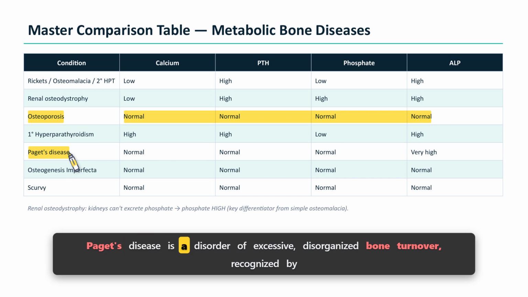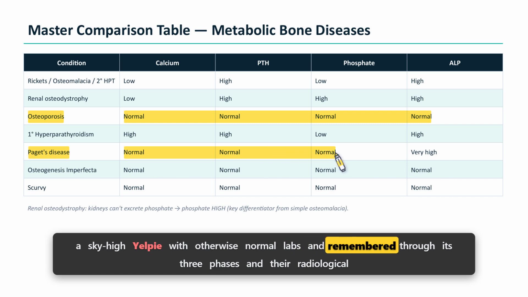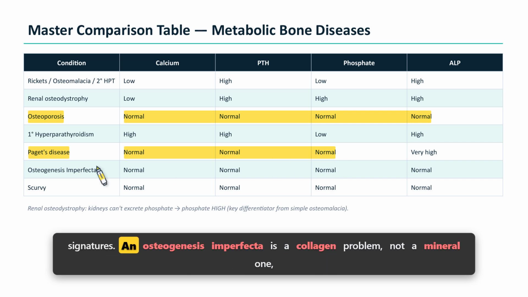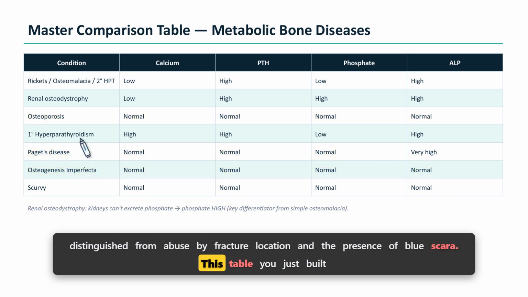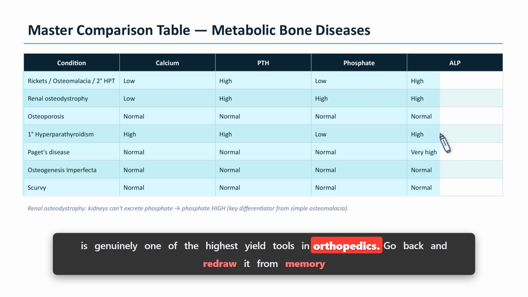Paget's disease is a disorder of excessive, disorganized bone turnover, recognized by a sky-high ALP with otherwise normal labs, and remembered through its 3 phases and their radiological signatures. And osteogenesis imperfecta is a collagen problem, not a mineral one, distinguished from abuse by fracture location and the presence of blue sclera. This table you just built is genuinely one of the highest yield tools in orthopedics.